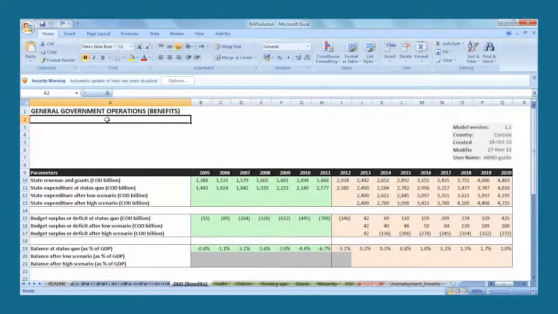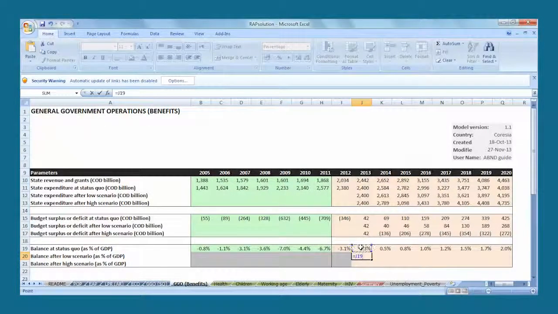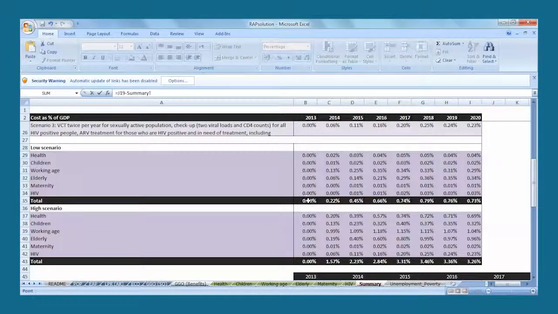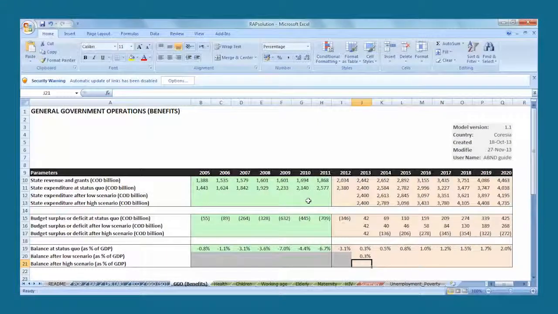Finally, we complete the GGO sheet, which gives the central government expenditure, assuming that the scenarios are implemented in the near future. We can calculate the budget surplus or deficit when the total low scenario or the total high scenario is implemented. To calculate the balance as a percentage of GDP when the total low scenario is implemented, we subtract the cost of the total low scenario from the balance at status quo.